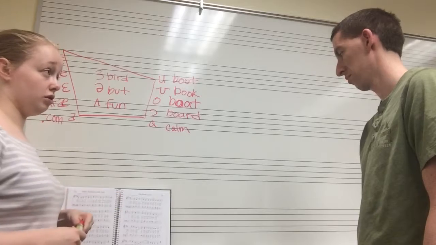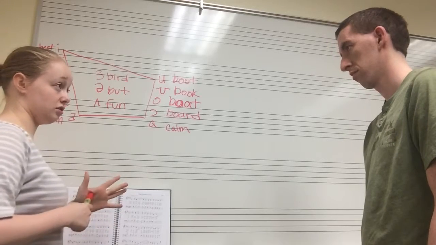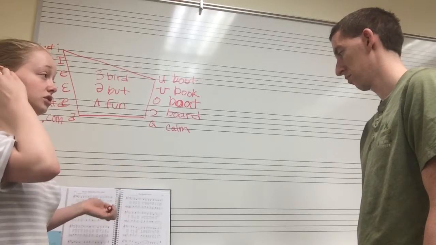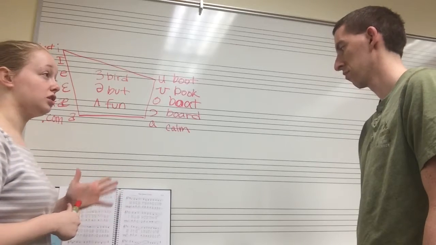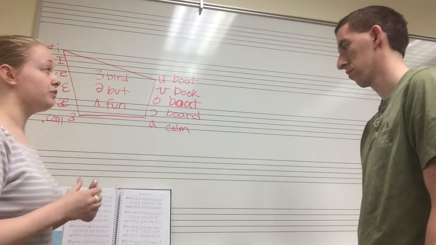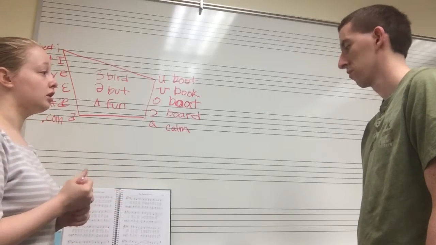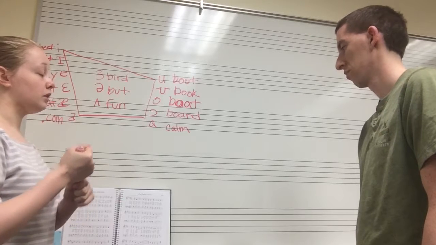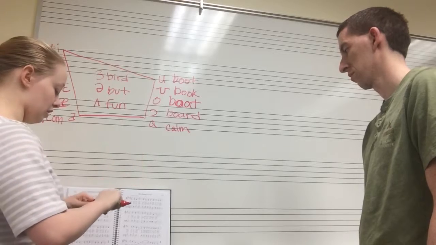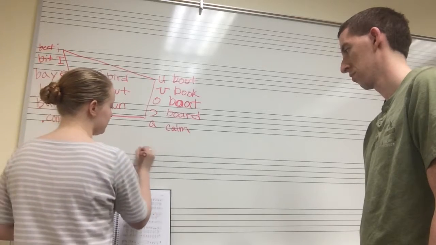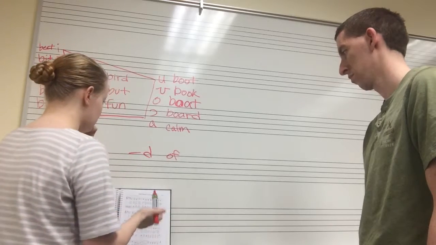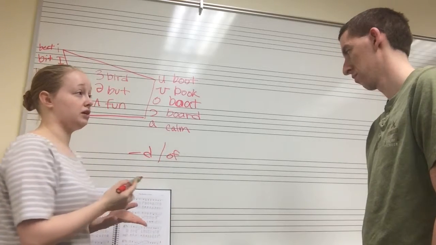We also need to make sure that when there are two different consonants, or any sounds in between words that should not meld together, they're kept apart. For example, if you have a D at the end of one word and the next word is of, I don't think there's one in here, but you want to make sure that this is broken.